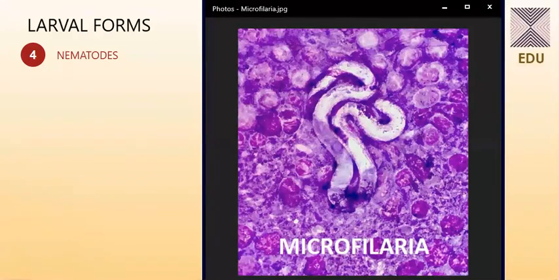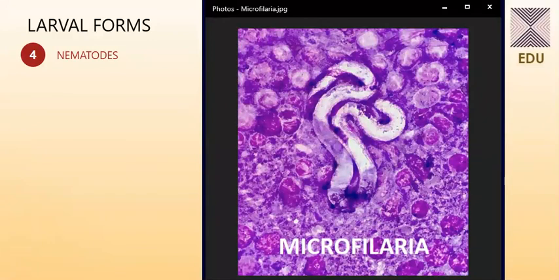These larval forms in the bloodstream are taken up by blood-feeding arthropod vectors, so they may be transferred from one animal to another with the vectors.